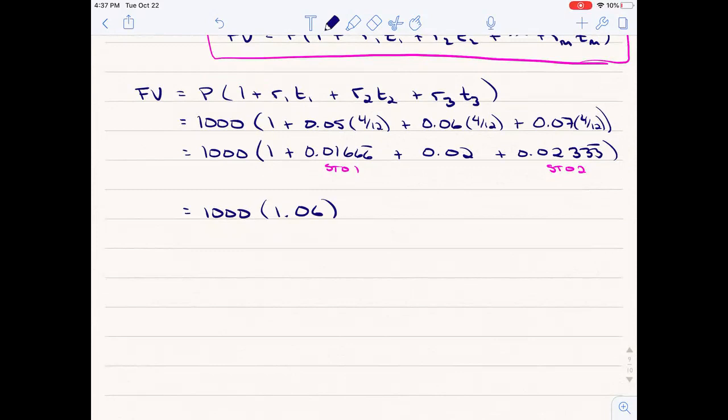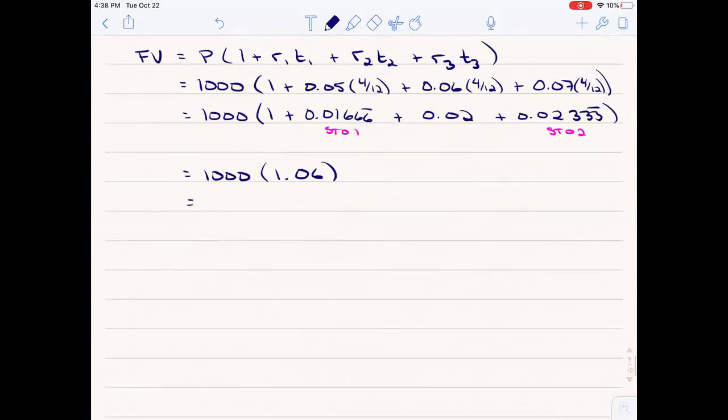It wouldn't have done that unless you kept all your decimal places. And so that's why you have to keep all your decimal places until the very end. But now 1,000 times 1.06, we get, not surprisingly, the same answer that we did before. We're finding the same thing, just 2 different ways of doing it.